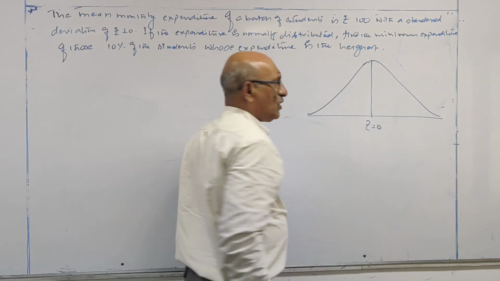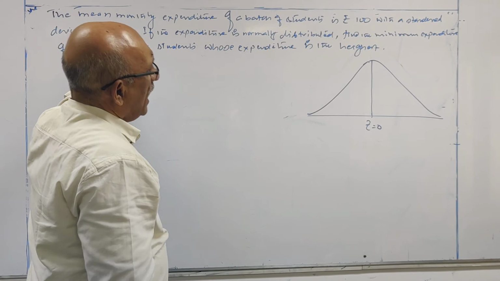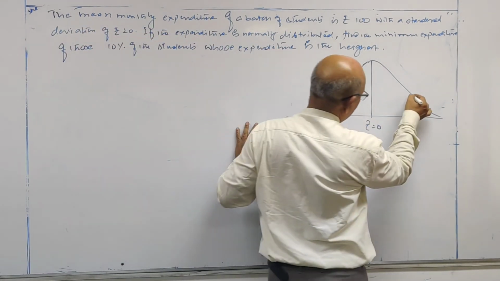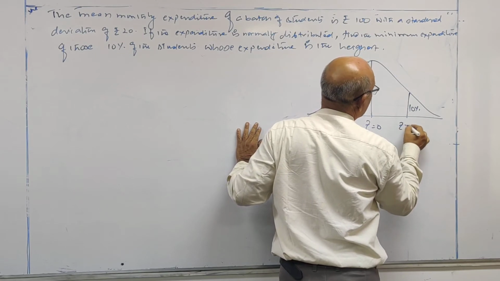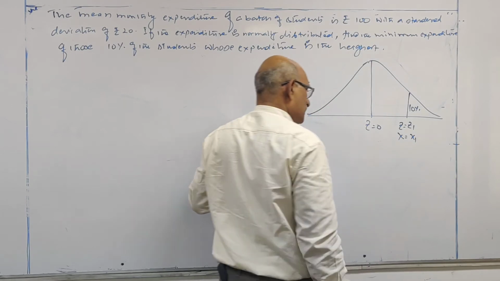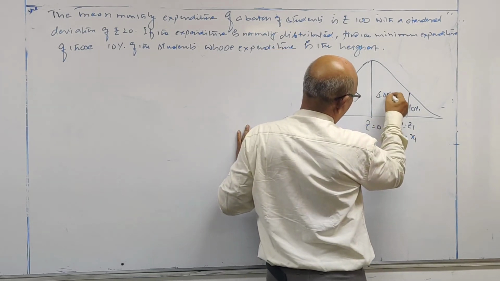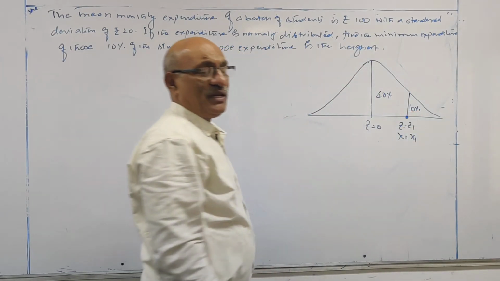This is Z is equal to 0. Highest expenditure. Let us say this is 10%. Z is equal to Z1 or X is equal to X1. This is 40%. So this value is required. That is the minimum.